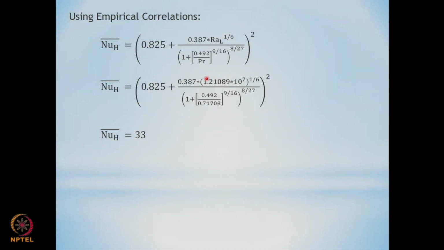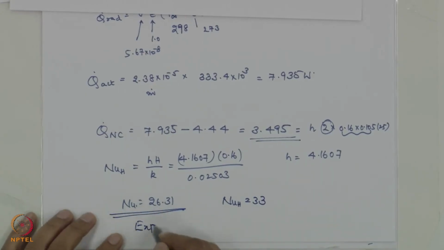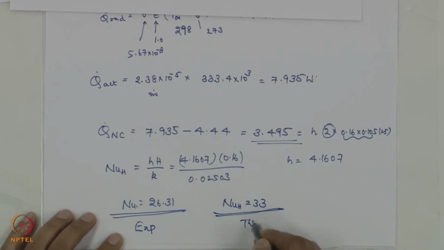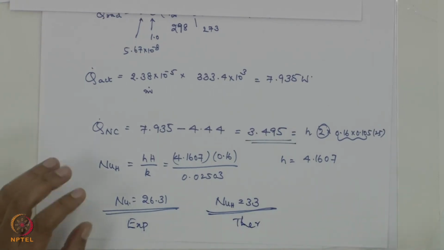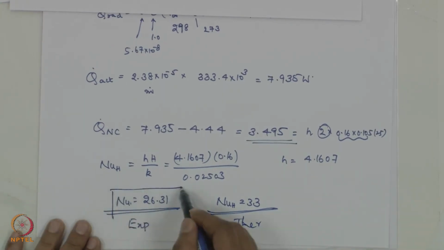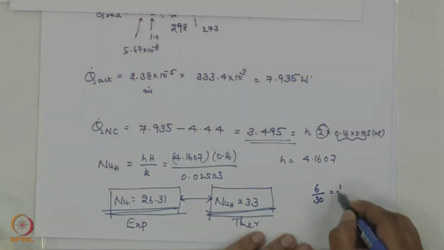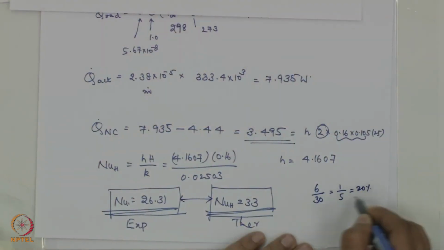But if you see the empirical correlation for Nu H, you get a Nusselt number of 33. So this is the experimentally obtained value and this is the theory. I'm not saying it's very close, but this kind of proves that the way we have done the experiment is quite near to theory, and 6 in 30, around 20%, is my variation.